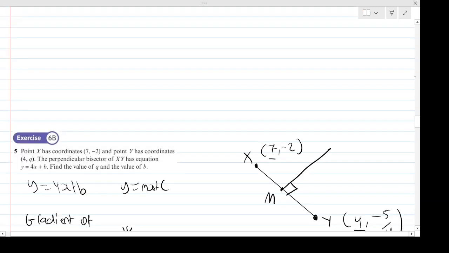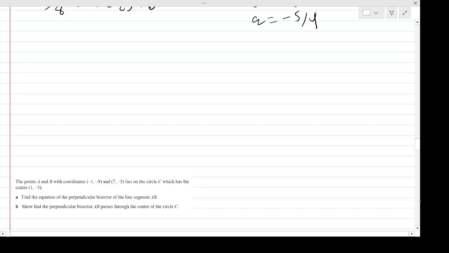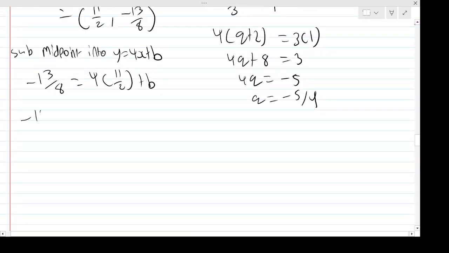Remember, that's the equation of the bisector given to us. Well then that means y is minus 13 over 8. That's going to equal 4x, so 4 lots of 11 over 2, plus b. If we work that out, we get minus 13 over 8 equals, well, that's going to be 22, I believe.